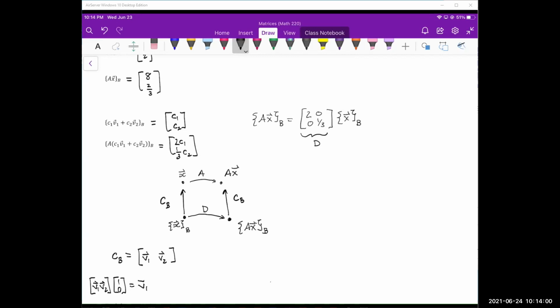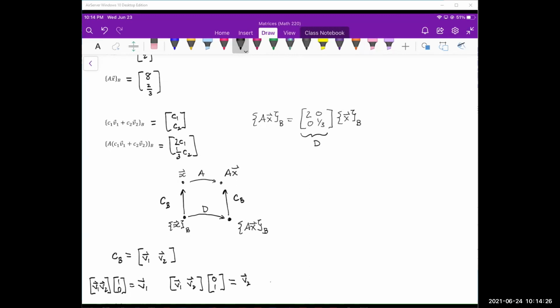Okay, and so the coordinate for V1 is just 1, 0. All right, and similarly, if we took V1, V2 times 0, 1, so these are the set of weights, we get just the vector V2.